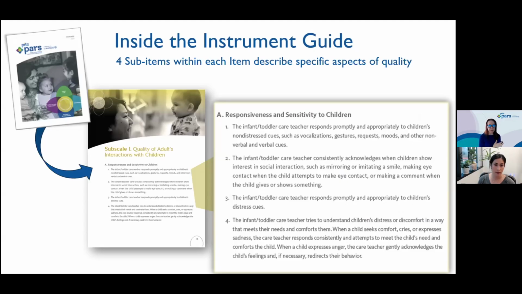Building again off of what Gabby said earlier, we look at this as a strengths-based tool. And as a strengths-based tool, we are really looking at each of these sub-items in a dichotomous way. Are we seeing sufficient evidence, or are we reflecting on our own practice from the point of view of the supporting documentation around that, or are we not?